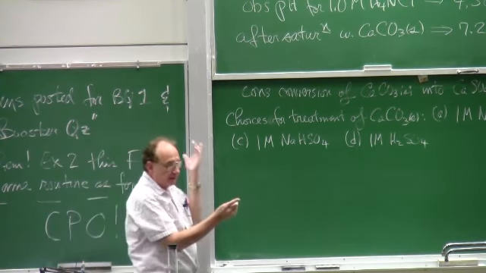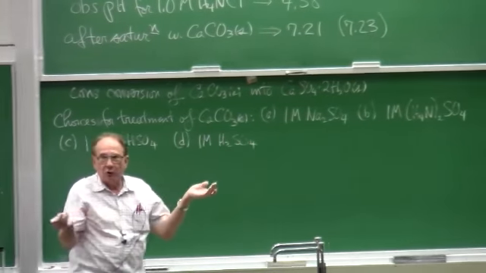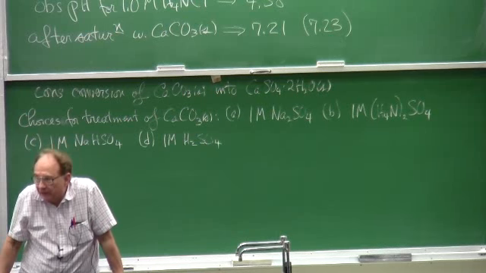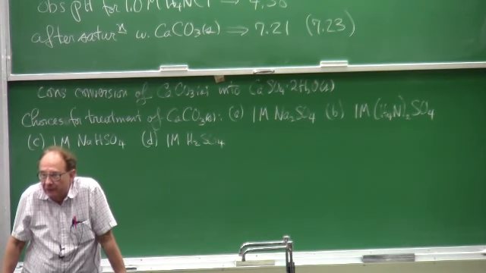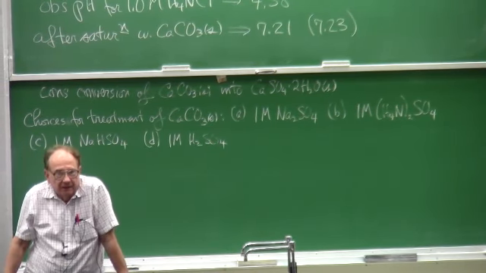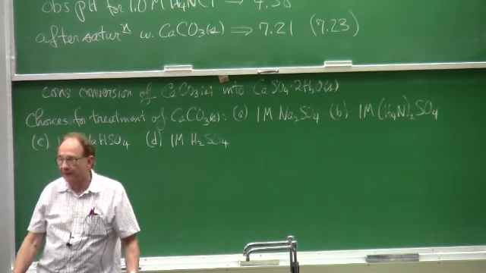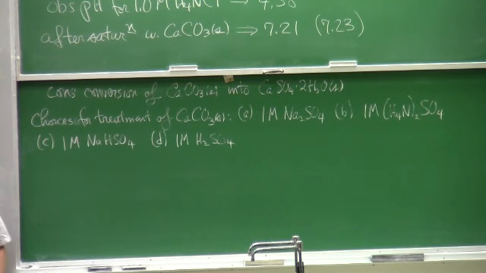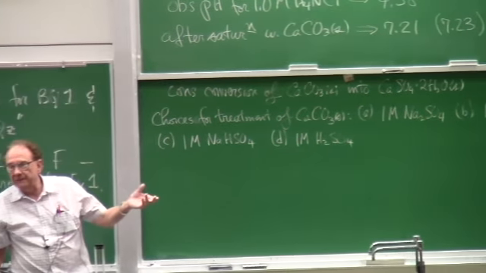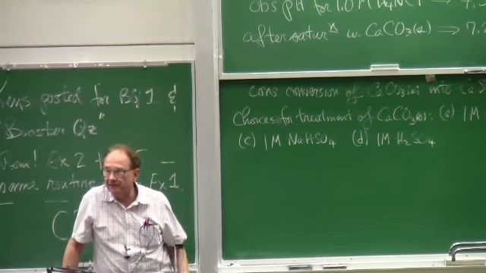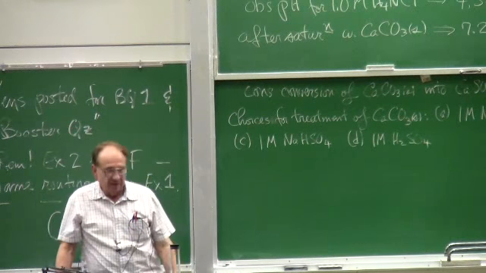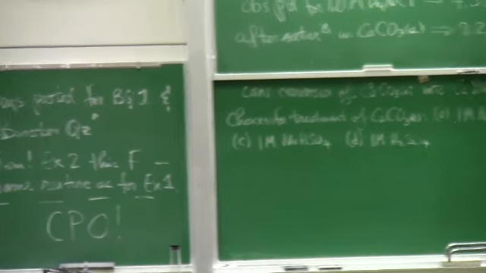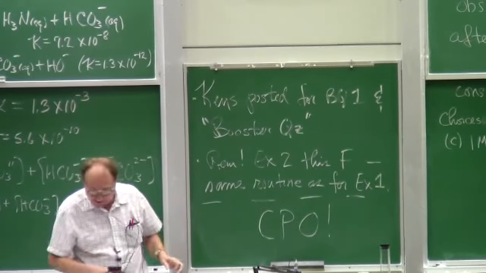The treatments included treatment with more water, treatment with calcium ion, treatment with hydroxide ion, treatment with hydronium ion, treatment with ammonium ion, treatment with ammonium ion and sulfate ion. And after all of those treatments, we assessed the result of the treatment in completing the table that you see in the notes on page 1960.